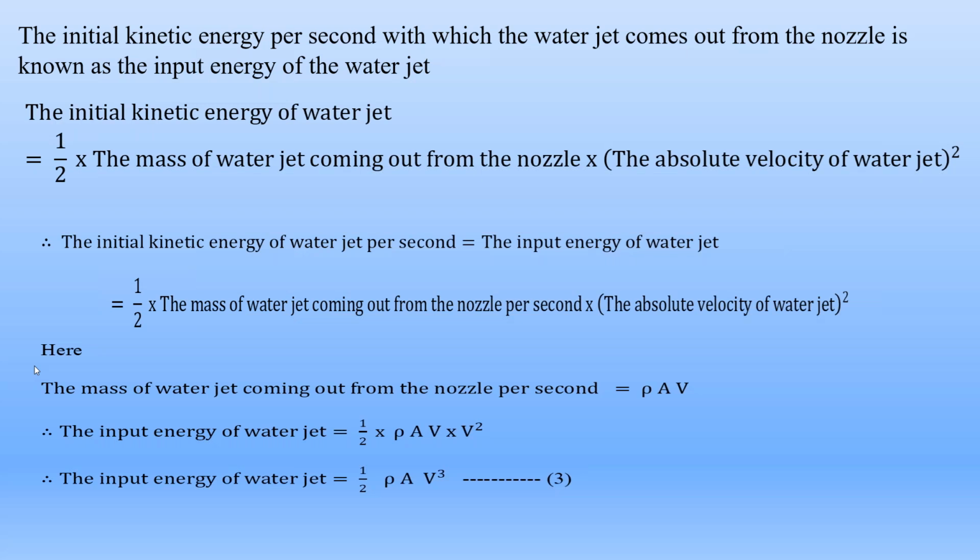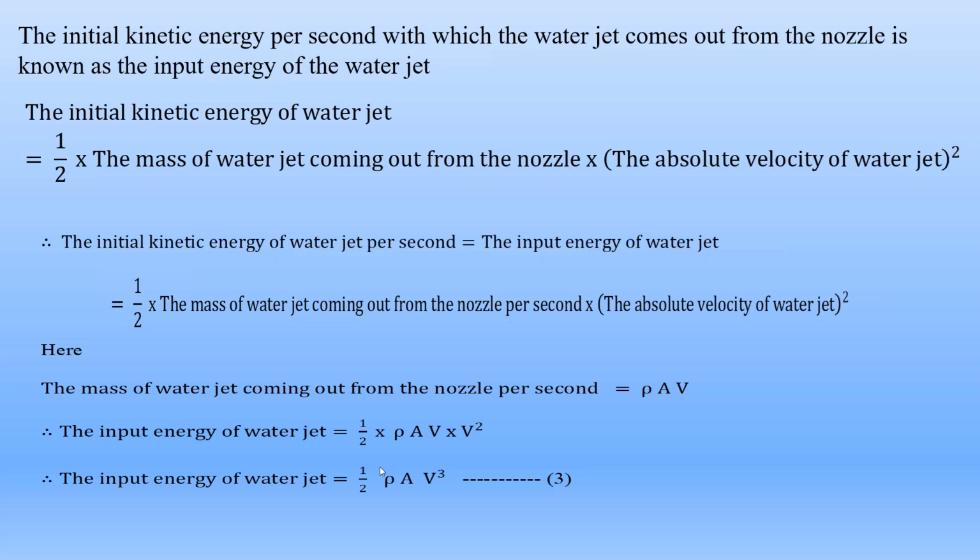Dear students, already I explained the mass of water jet coming out from the nozzle per second is equal to rho A V. This is the equation. In the beginning of this unit 1, at the introduction of water jet, we discussed the derivation of rho A V. From the end of the nozzle, the water jet comes out.